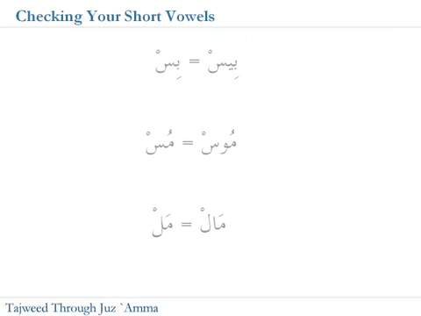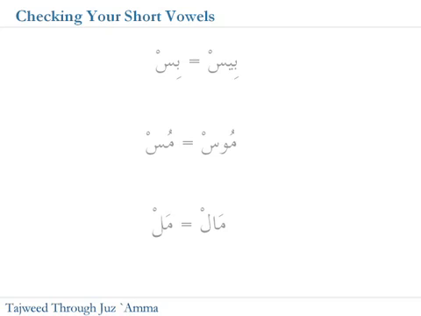Now there's a method you can use to check your short vowels. Here we've given some sounds. At the top on the right hand side we have the sound of bis. If you have the kasra and the ya, you'll say bis.